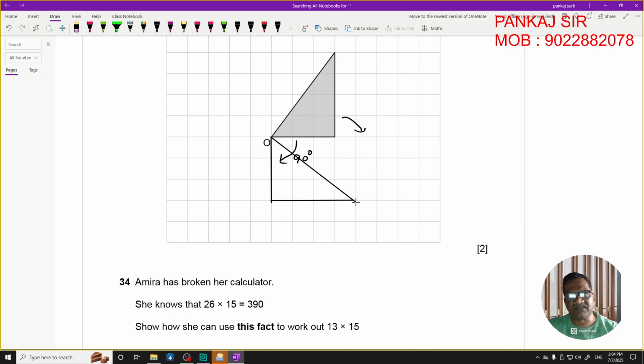Okay, so this is my required triangle after rotating 90 degrees clockwise about the point O. So this is my triangle, right? Still I'm not happy. Here we go.